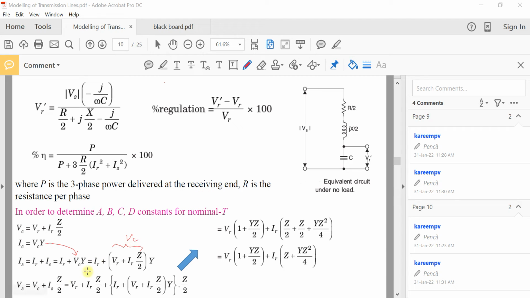Vs is equal to VC plus Is into Z by 2, and VC is equal to VR plus IR into Z by 2.